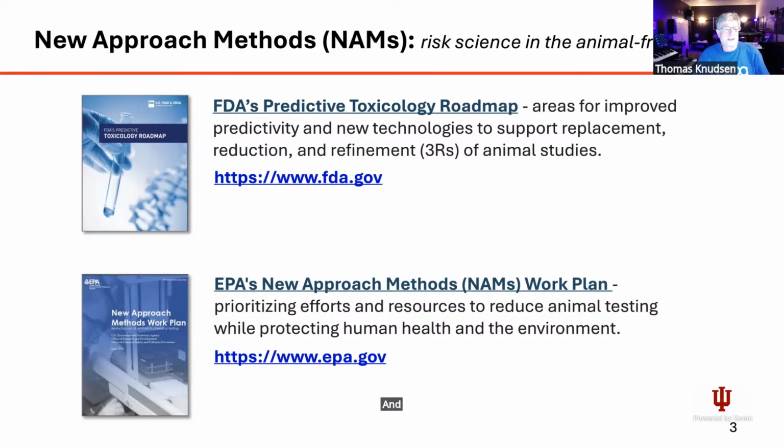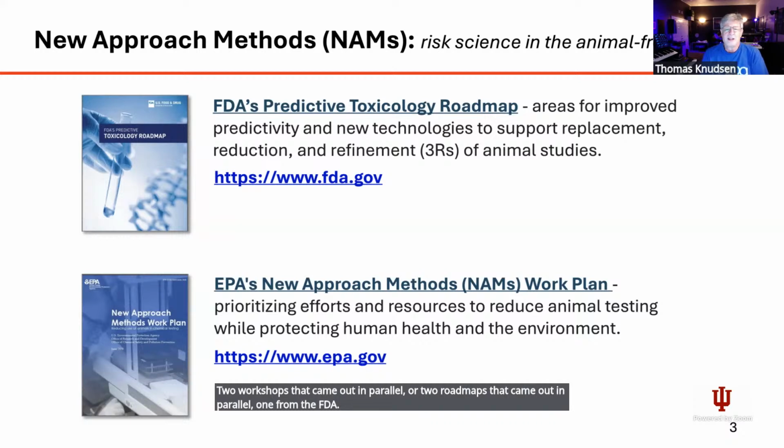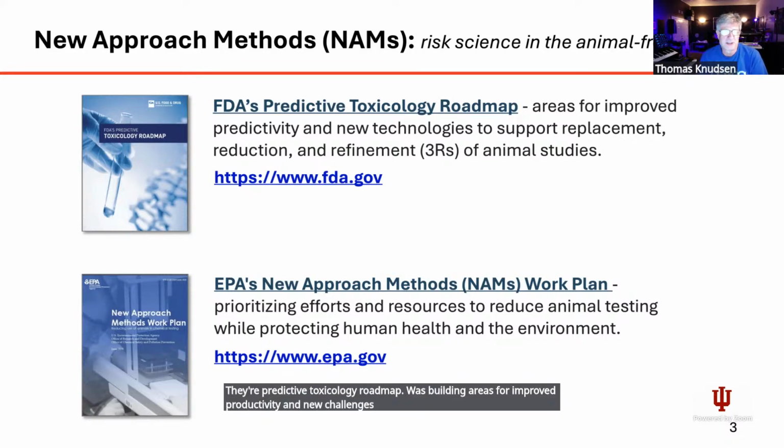And the goal was to develop new approach methods that could use in vitro and in silico models to predict developmental health hazards and do that with less reliance on animal testing. Two roadmaps came out in parallel, one from the FDA, their predictive toxicology roadmap, building areas for improved predictivity and new challenges to support replacement, reduction, and refinement, or the 3 Rs of animal studies.